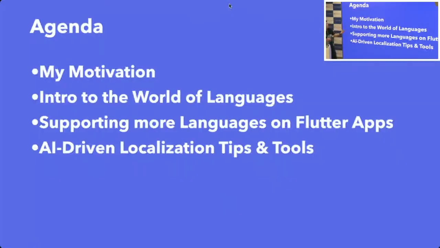Next, the world of languages. In the world, there are two major language models. After that, I'd like to introduce how to implement all these features. And with the rest of the time, I'd like to introduce AI-driven localization tips and tools.